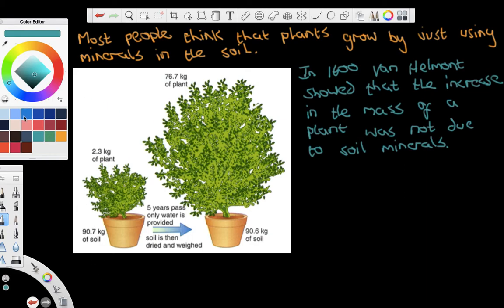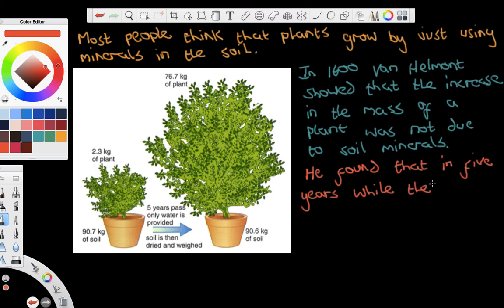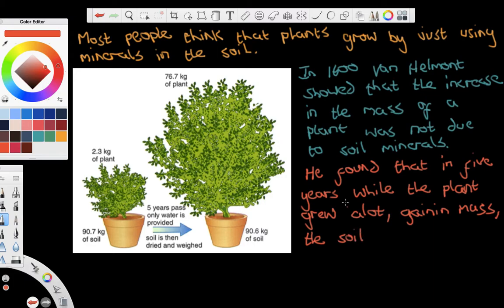So we can say that he found that in 5 years, while the plant grew a lot, gaining mass, the soil remained constant.